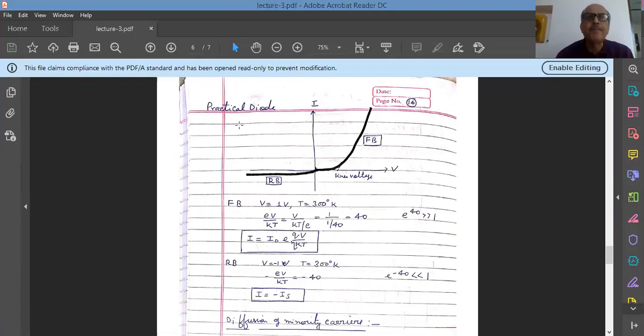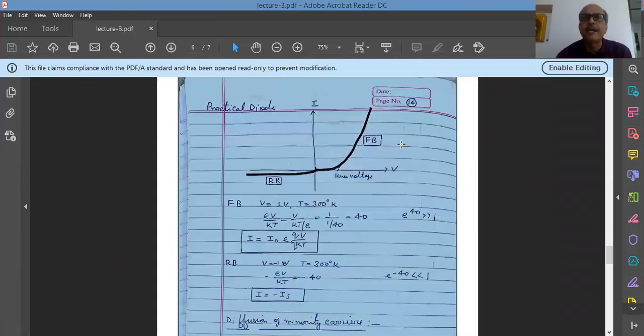If you look at a practical or real diode, on the forward side we have an exponential increase in the current, while on the reverse bias side there is a very small current of the order of a few microamperes only, while on the forward side in the lab, you will find the current of the order of milliampere.